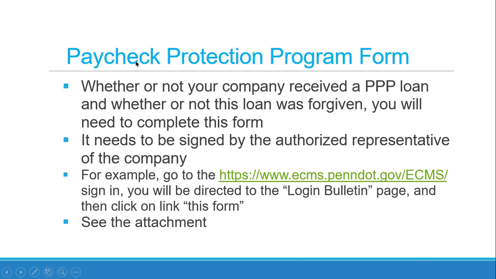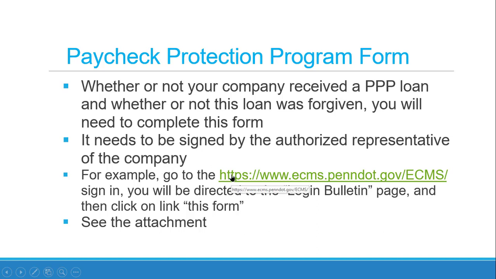So the federal government and PennDOT wants to know if you applied for and received forgiveness for any PPP money, and that's the purpose of this form. So whether or not your company received a PPP loan and whether or not this loan was forgiven, you will need to complete it. Again, it needs to be signed by the authorized representative at your company.